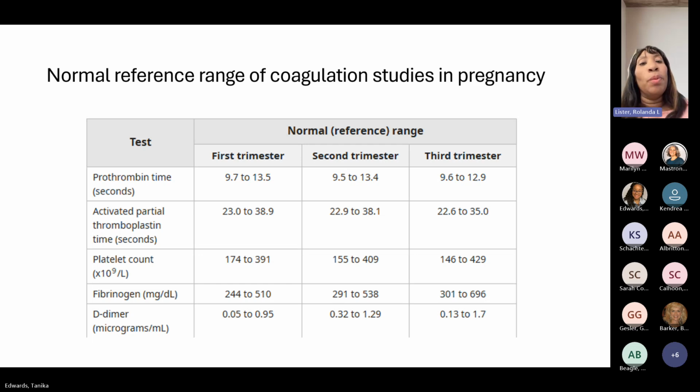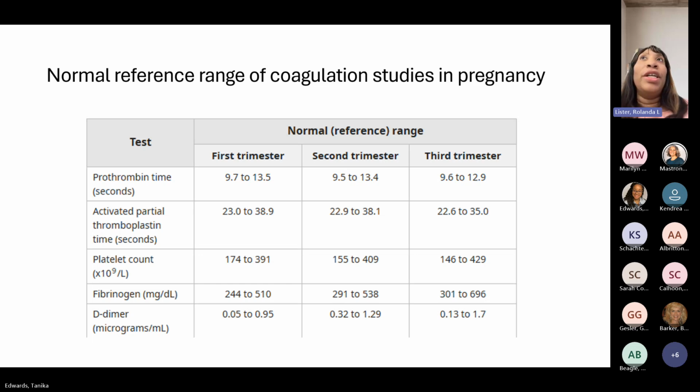So particularly clotting time and bleeding time is different based on a patient who is pregnant. Additionally, because of increased activity of the liver, fibrinogen increases normally.